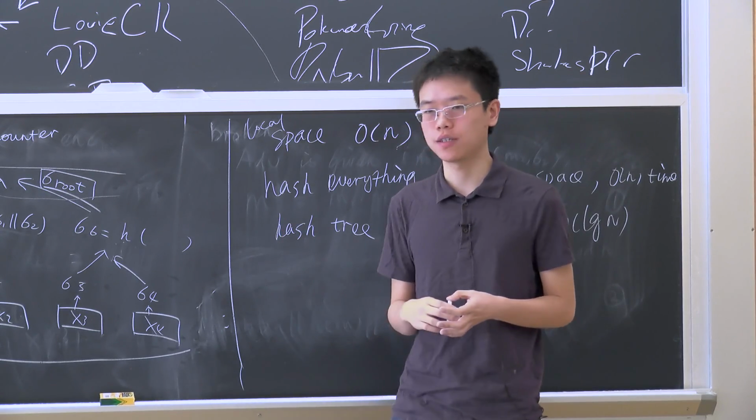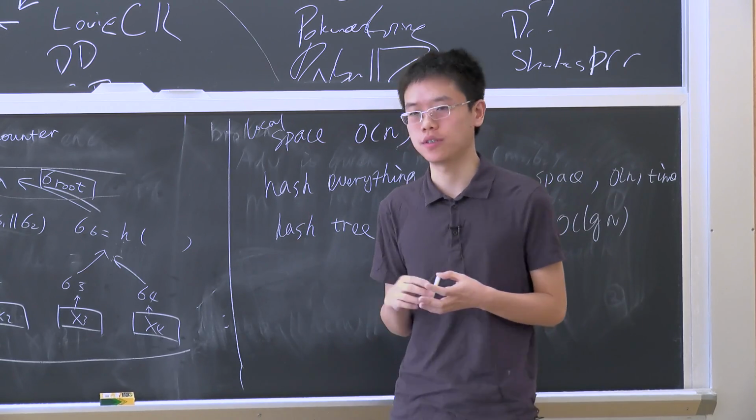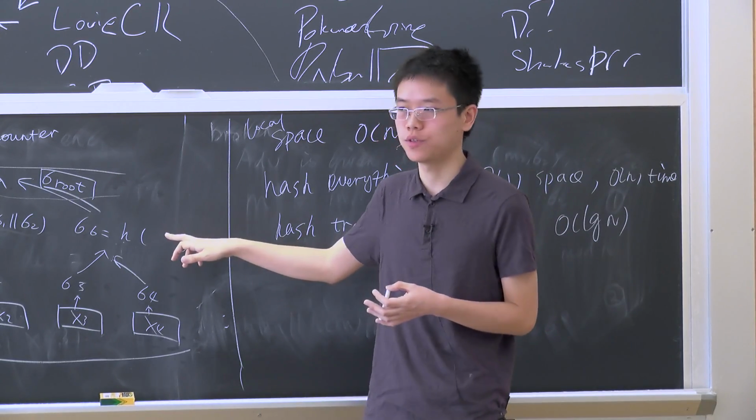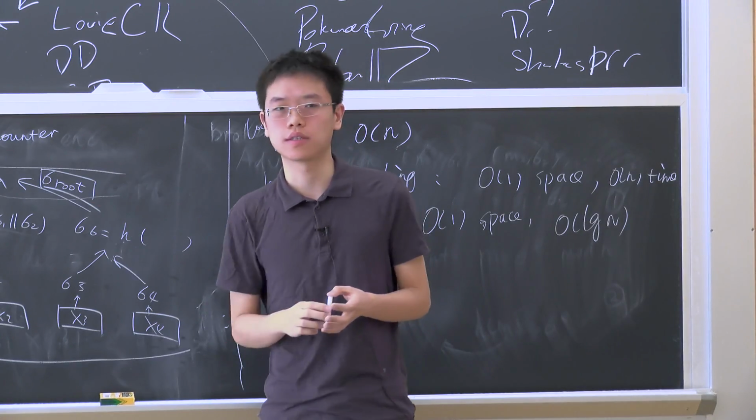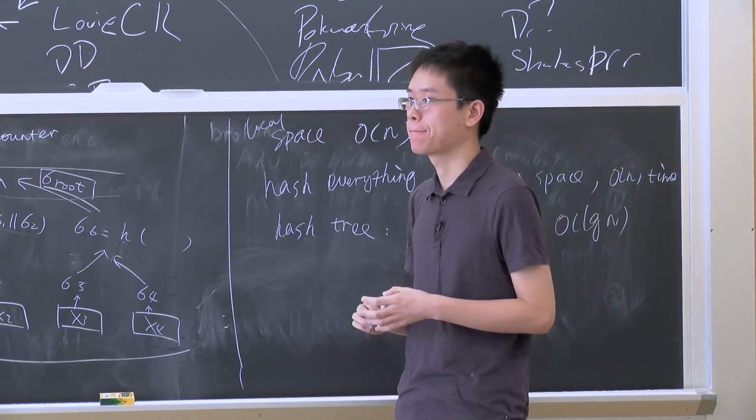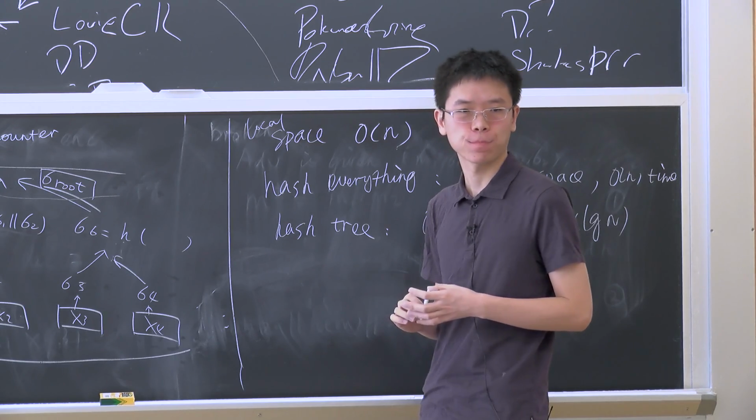Of course, we assume the hash is collision resistant, or I should say, if the hash is collision resistant, then this hash tree is collision resistant. Any intuition?